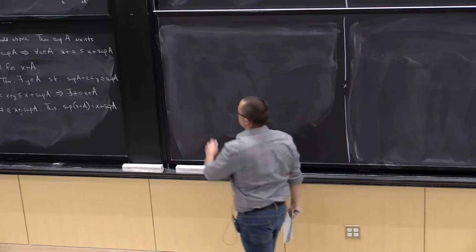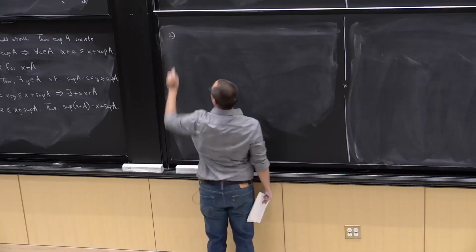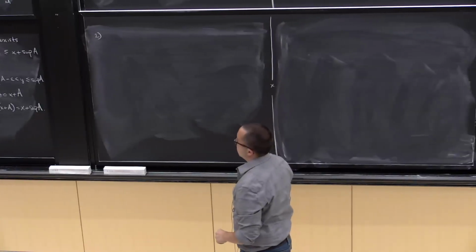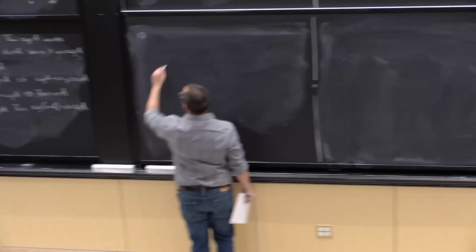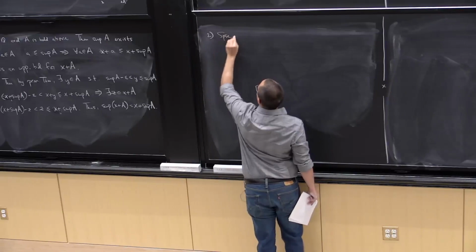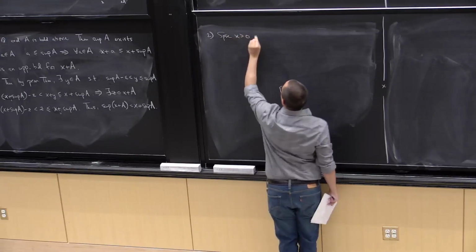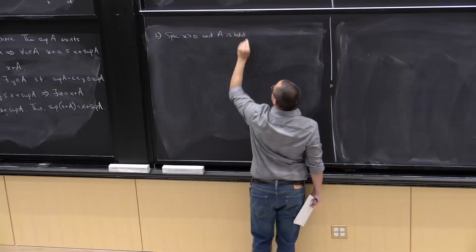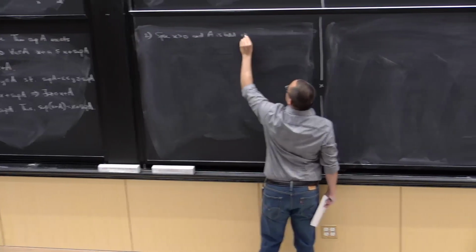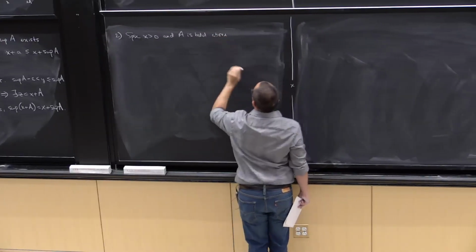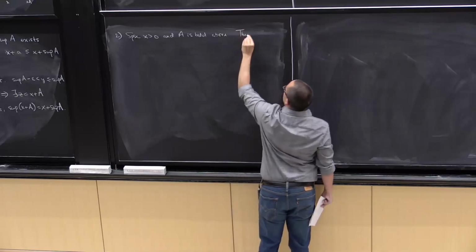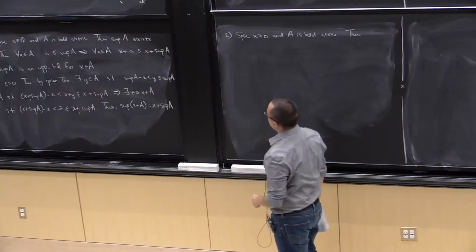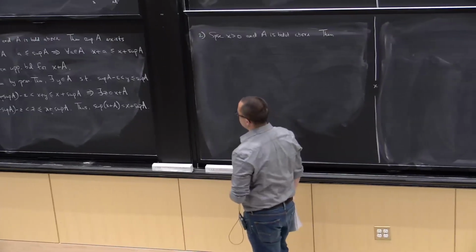So now we want to show x times sup A is the supremum of x times A. So suppose x is positive, and A is bounded above. Then sup A, again, exists in R because A is bounded above.